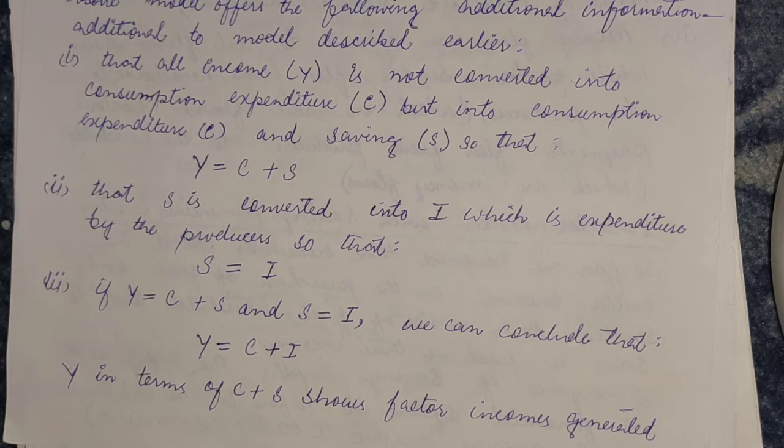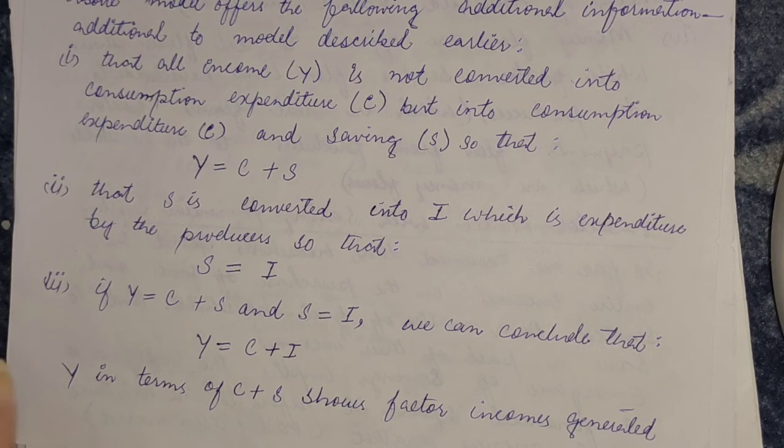Y in terms of C plus I shows expenditure on the purchase of goods and services during the year. Since income generated is identical with production during the accounting year, we can write that production is equal to income generated in terms of C plus S is equal to expenditure in terms of C plus I.